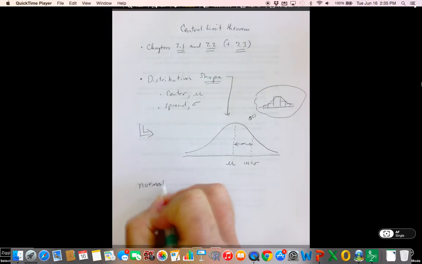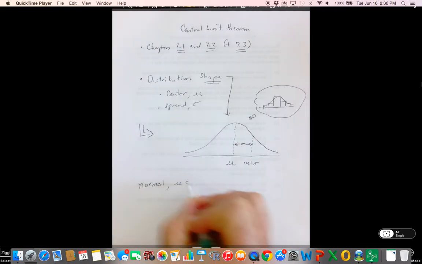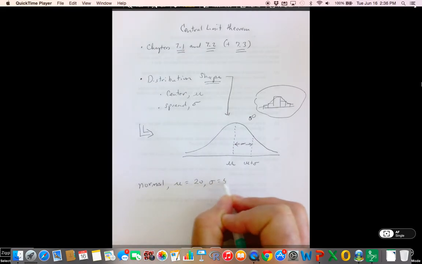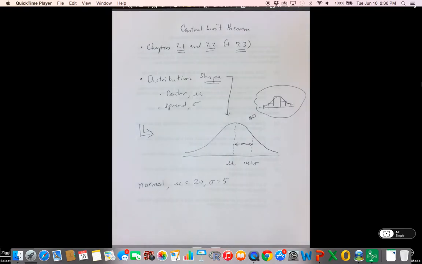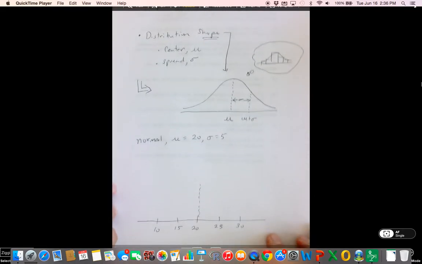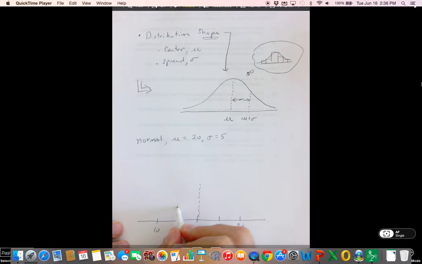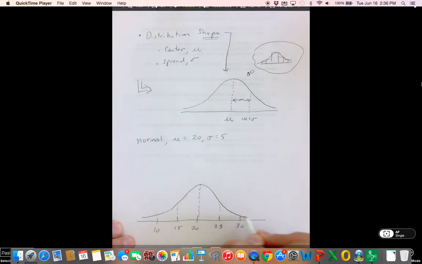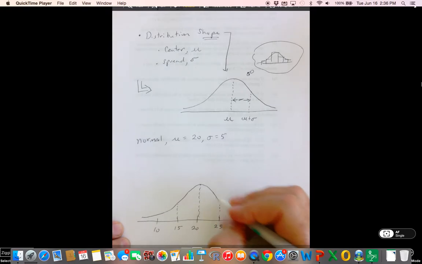So guys, if we have a normal distribution with a mean of, say, 20 and a standard deviation equal to 5, then that tells us that on the axis our distribution is centered at 20, and 5 units to the left and 5 units to the right we have this place where our distribution kind of forms a straight line.